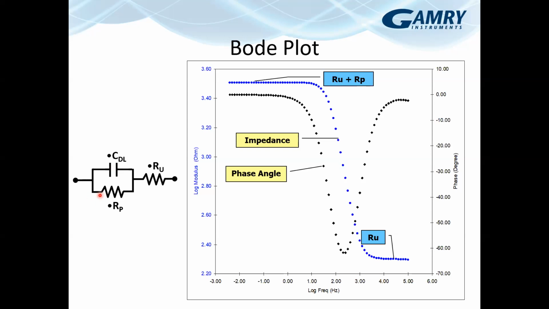And all of the current flows across RP and then RU, which is what we see as the phase gets back up towards 0. That means less and less of the current is flowing across the capacitor, less impedance is reflected by capacitive impedance in the cell. And at very low frequencies, we're back at 0 on the phase, and all of the impedance we see is just the total of RP and RU.